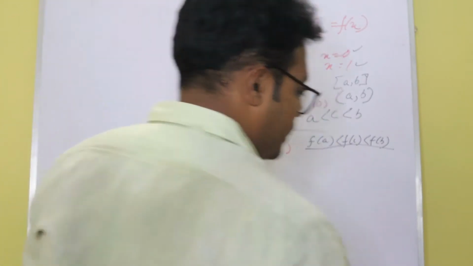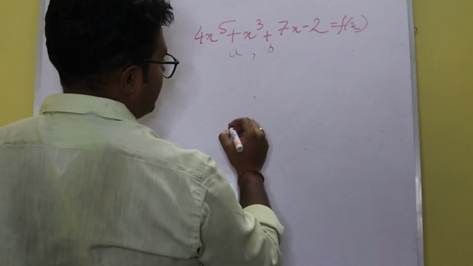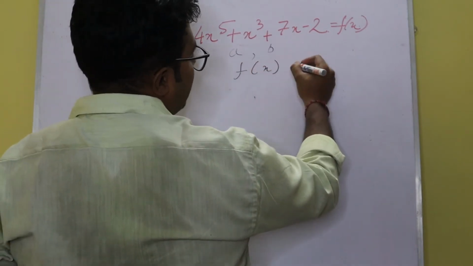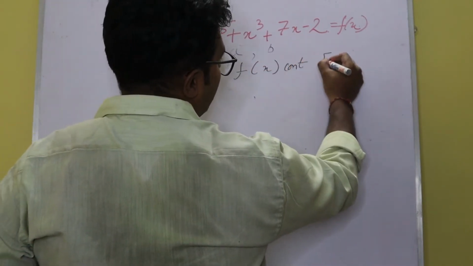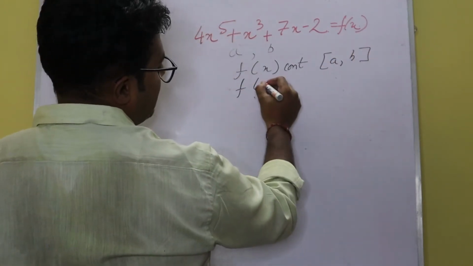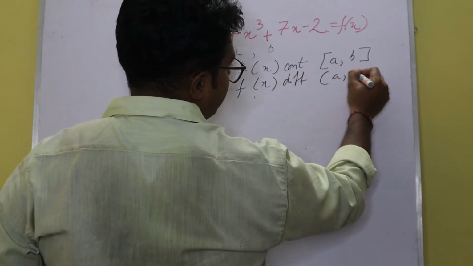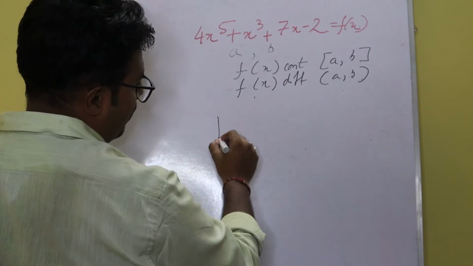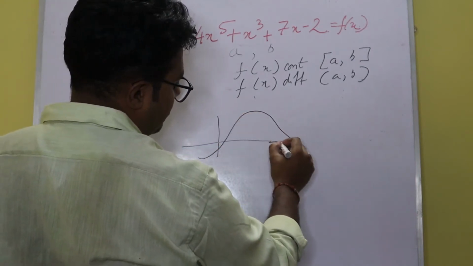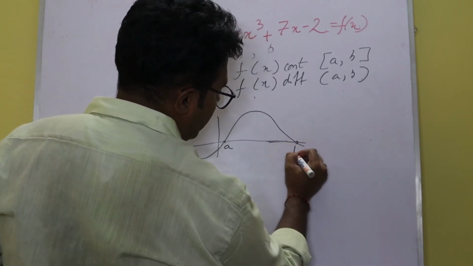Now choose 2 points a and b in this function. Suppose this function is a polynomial, so f of x is continuous within a and b. It is also differentiable within this, and suppose you draw this function like this, this is a and this is b.